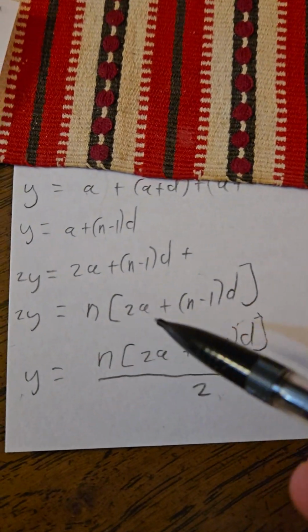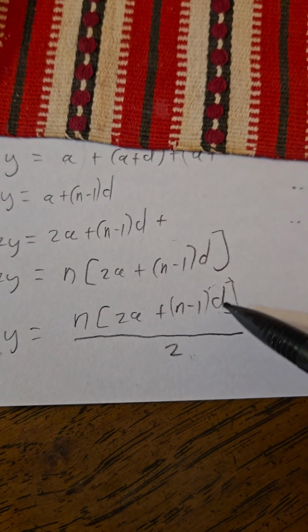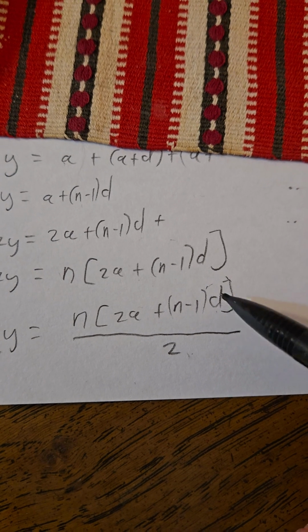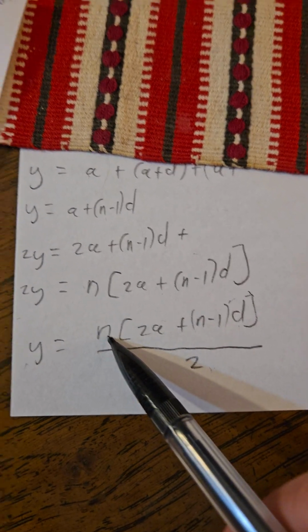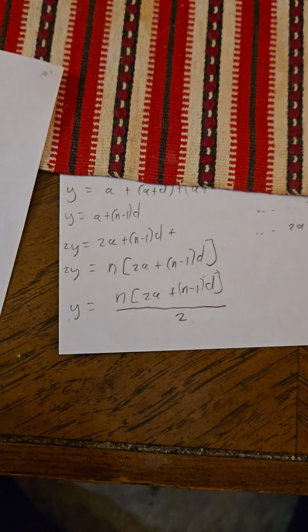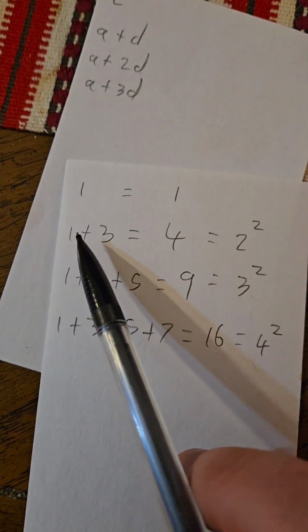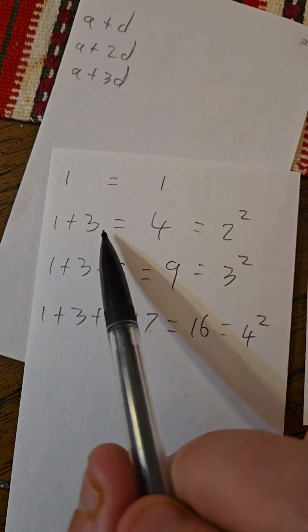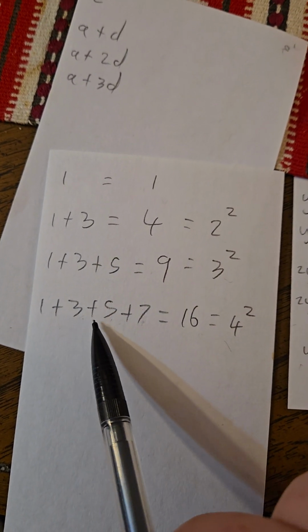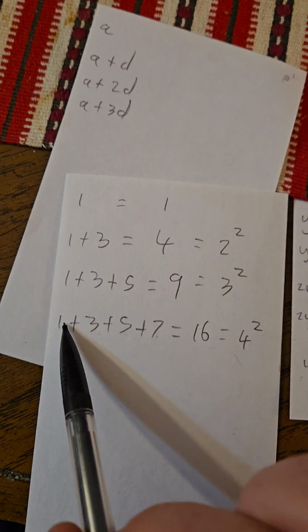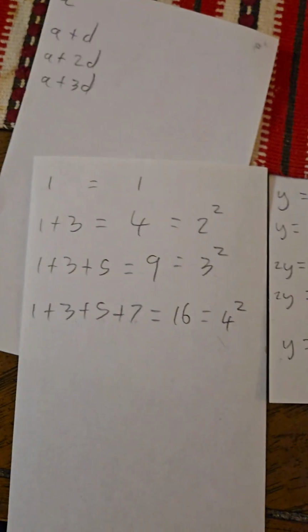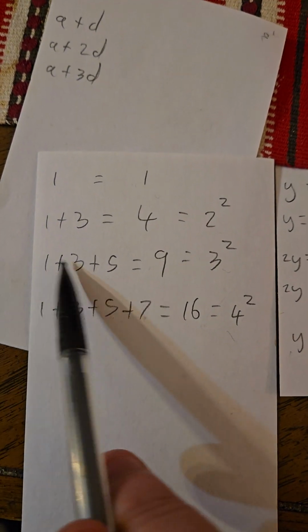So that's where a is the first term, d is the difference that it goes up by, and n is the number of terms. Now, in this particular arithmetic series, a is 1 and d is 2, because each term goes up by 2. If it's 4 terms, I really don't need a formula, because I can just add up these 4.